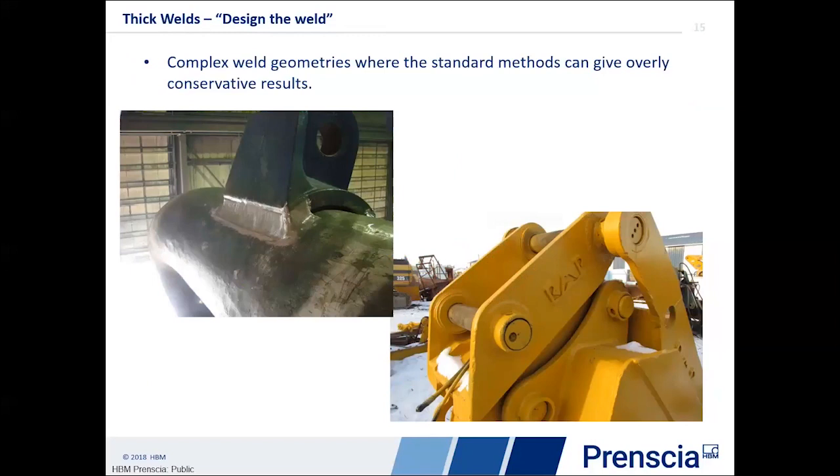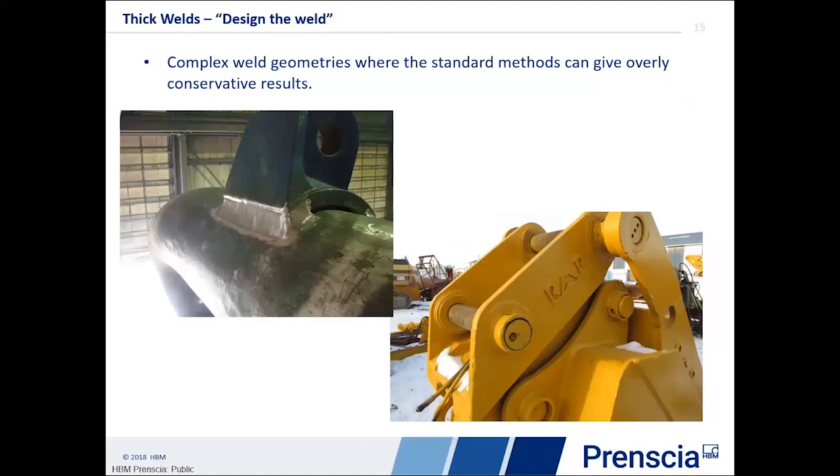The reason for this is that there are times when we're looking at welds where we have a great deal of control on how the weld is done. We're actually going to design the weld rather than design the geometry to be welded. So here in the upper left-hand corner, we have a weld where I have the flexibility of maybe grinding the parts to different bevels to control the weld penetration.